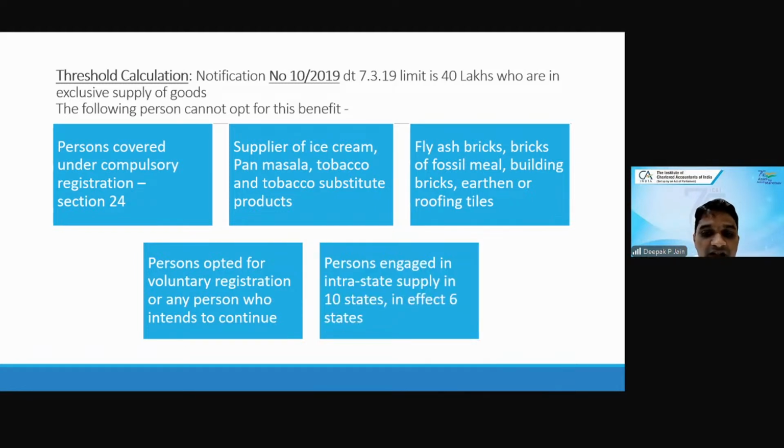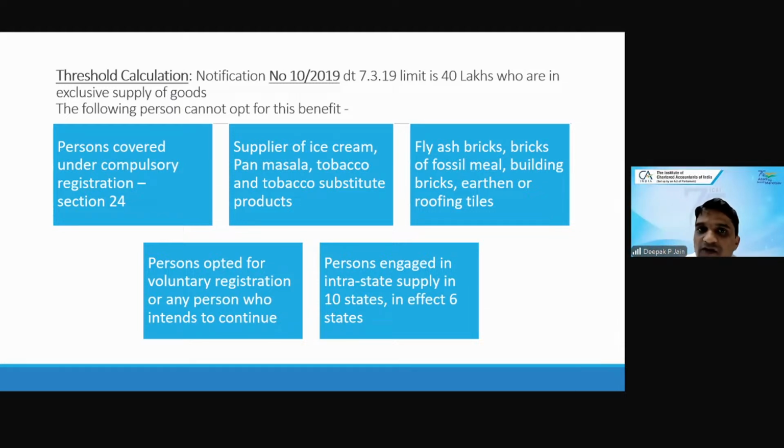And persons who are engaged in intrastate supply in 10 states, which in effect is 6 states. So the important point to note for us is that suppliers of ice cream, pan masala, tobacco and tobacco substitute products cannot claim this exemption of 40 lakhs. Then fly ash bricks, bricks of fossil fuel, building bricks, earthen or roofing tiles, they cannot claim.